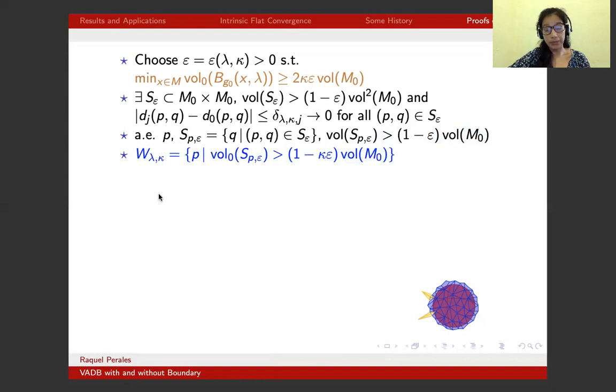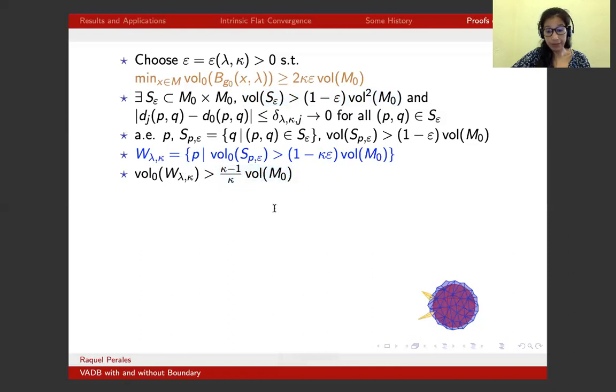So now I have to verify the volume estimates, that it has very big volume, and the distance estimates. For that, because of the way I define W_{lambda,kappa}, and because of the way I found S_epsilon, we actually have that the volume of W_{lambda,kappa} is greater or equal than this.